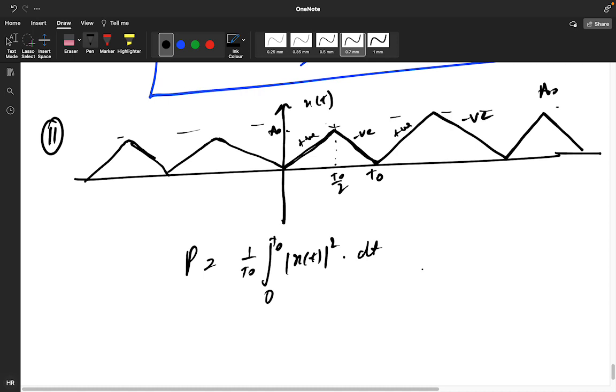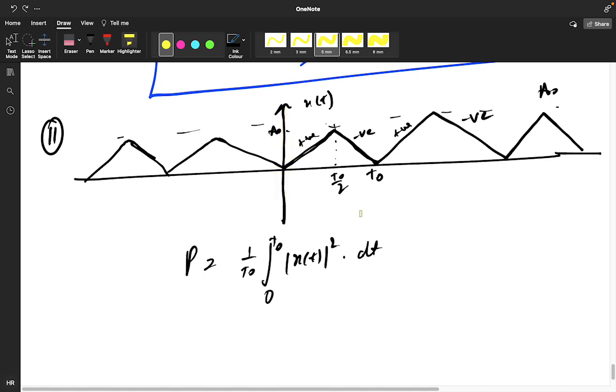So guys, how will you solve this particular question? Is this an even signal or an odd signal? Even. It is symmetric about the y-axis, a mirror image.